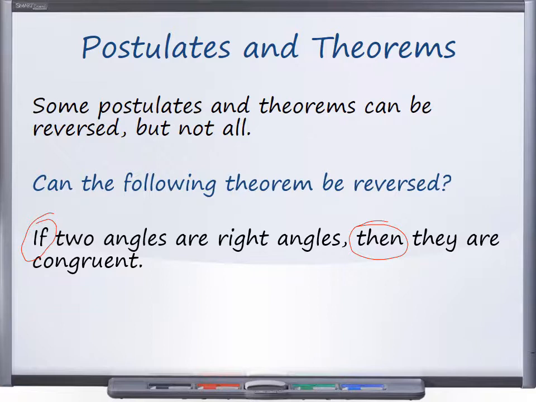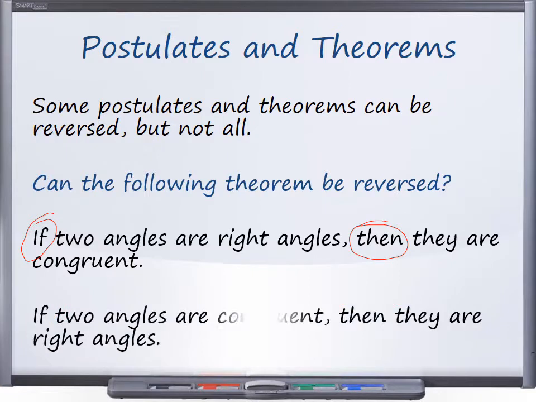Can we reverse this statement and say that if two angles are congruent, then they are right angles? Is that a true statement? No, because we can have angles that are not right angles that are congruent. We can have two 30-degree angles and they're congruent, but they're not right angles. So notice that this theorem, called the right angle theorem, is not reversible.